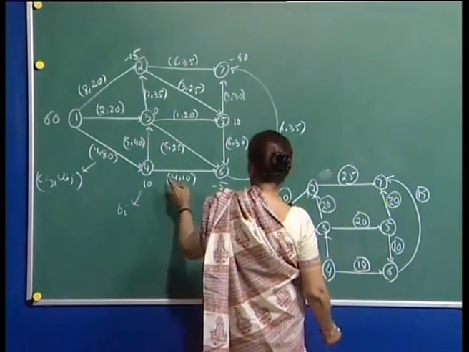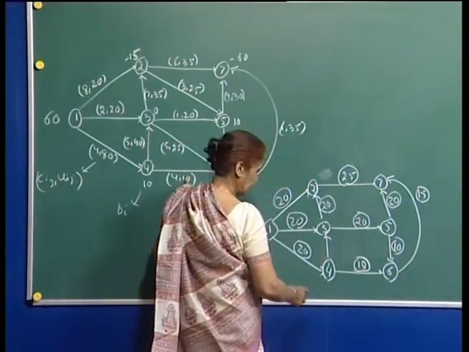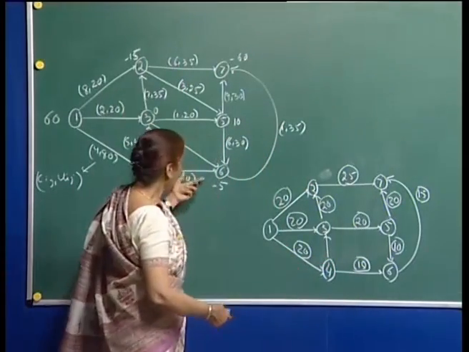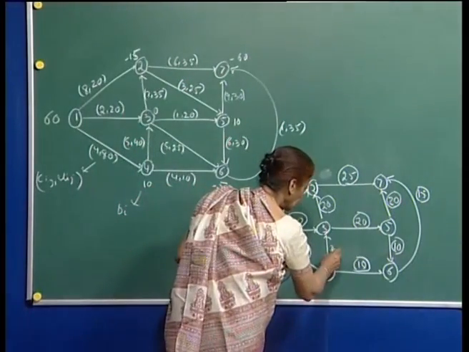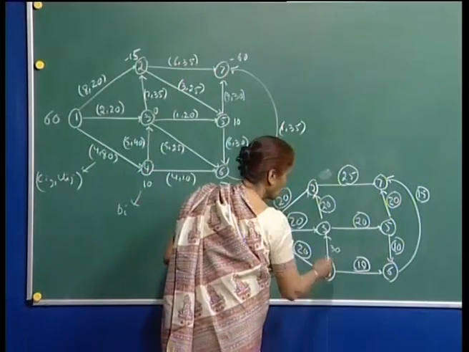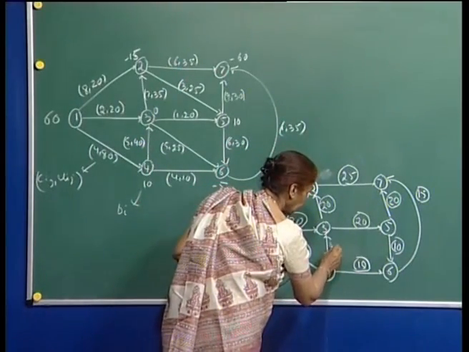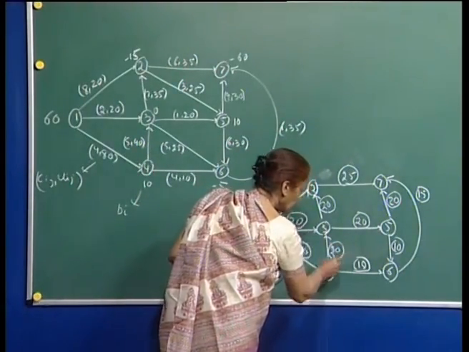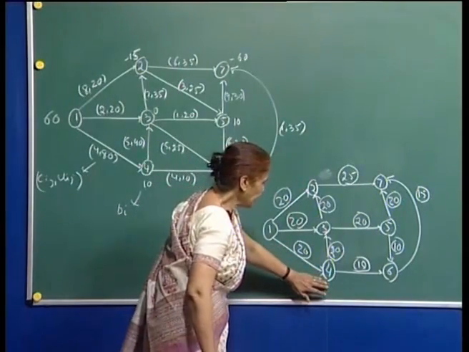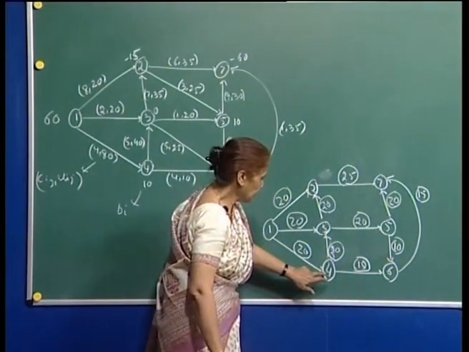I send 10 here, because this is the maximum that you can send along arc 4, 6, and so 20 will go here. 20 came from here and 10 were available here, so all the 30 get distributed.